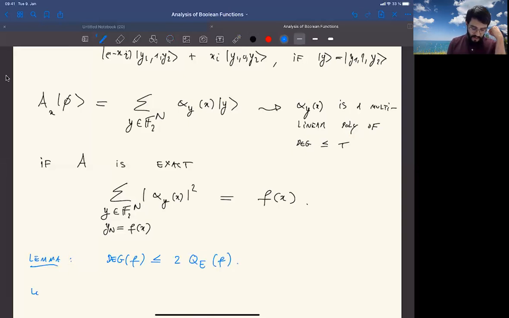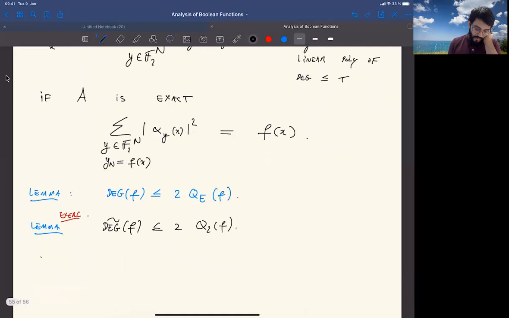And as an exercise, this is also simple, I will let you show that the approximate degree of f is less or equal than twice Q2 of f. It is a corollary of these lemmas. What's the decision tree complexity of f?